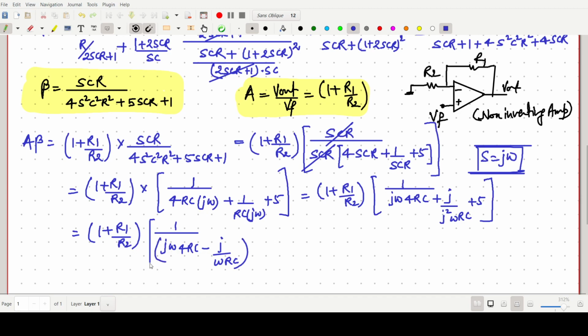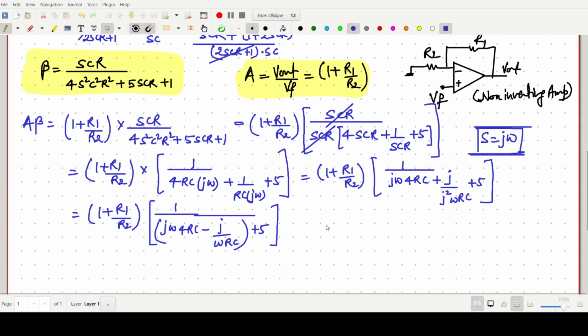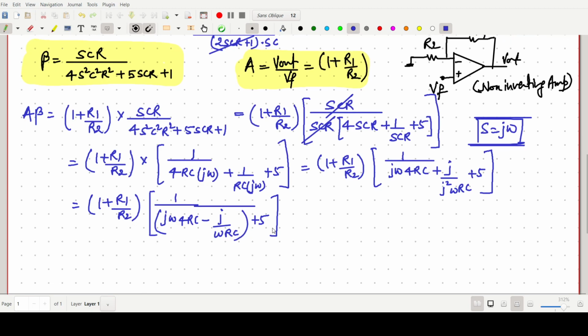Okay, I am writing step by step. This one is clear. So now this one is one expression.